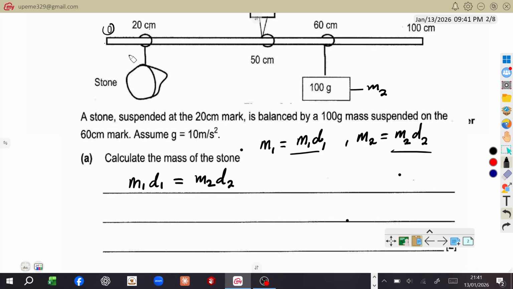So if from here to here it's 50, then from here to here is 60. All right. Then what about just from here to here? How can we know that? We can just say 60 minus 50, it is 10. So we will know that here it is 10 centimeters.